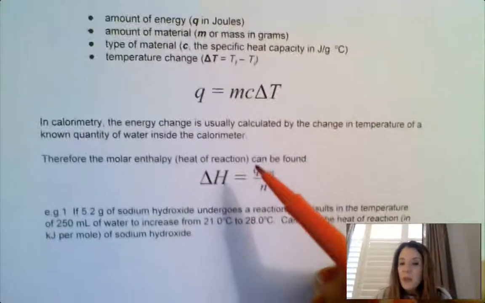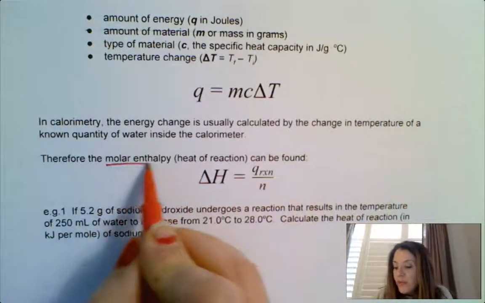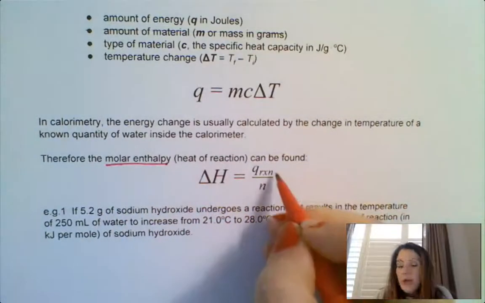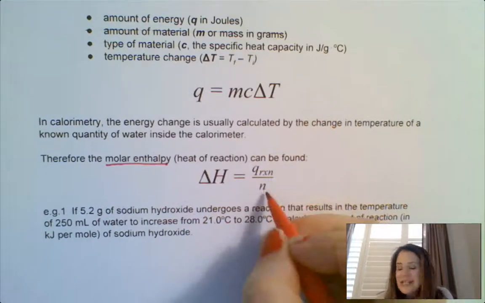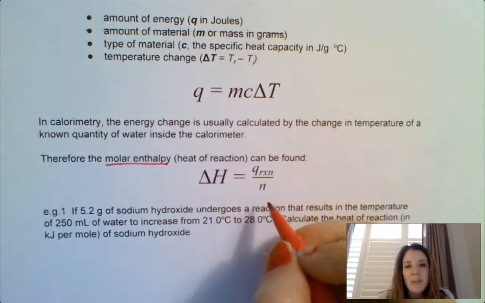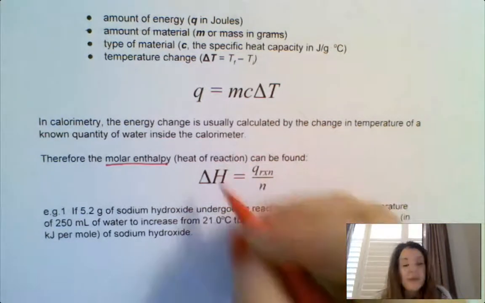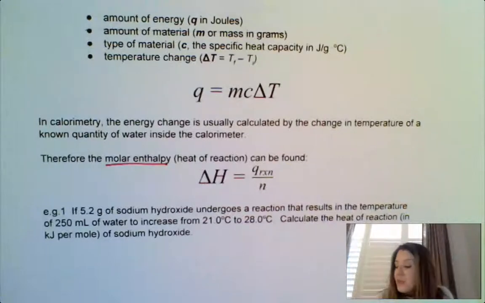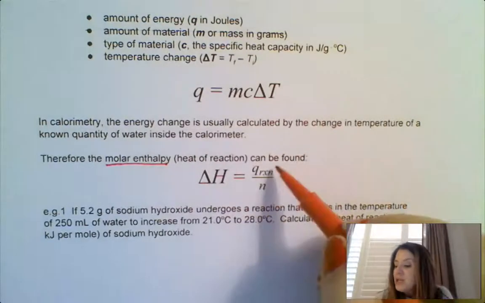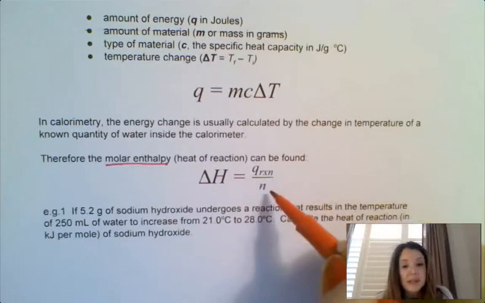We can also employ a new formula, delta H, which is known as molar enthalpy. We know that Q equals heat, and we've seen this variable N before. We need to remember that N represents moles. So if I was to come up with a definition, enthalpy is really the amount of heat gained or lost per mole of a substance.